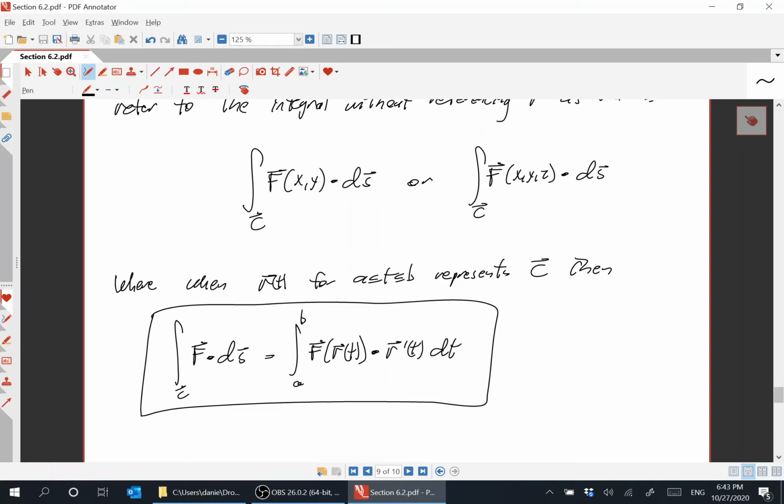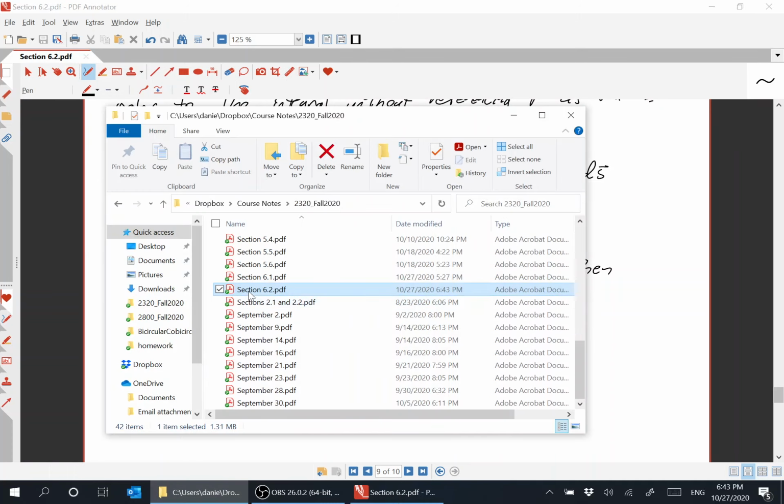Okay, so let's do some examples. Let's go back to that whirlpool example we had before. Let me do some copying and pasting.